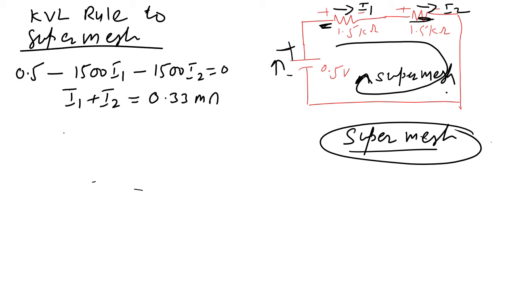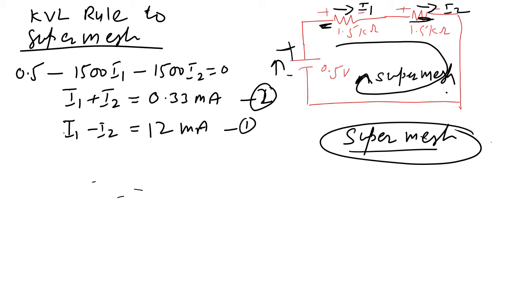Here I am taking this as equation number 2, and before I have taken equation number 1, which we solved on the last page. This is I1 minus I2, equal to 12 milliampere. So this is equation number 1.